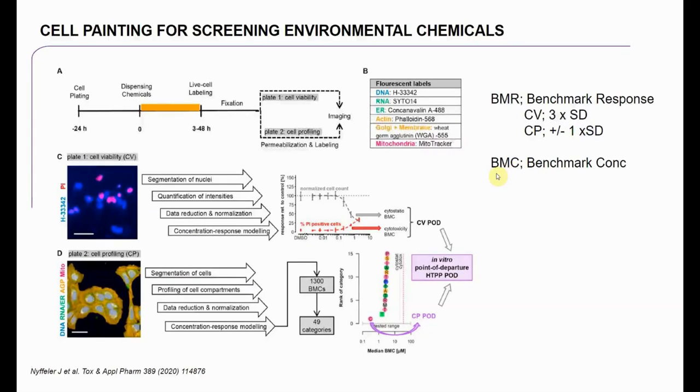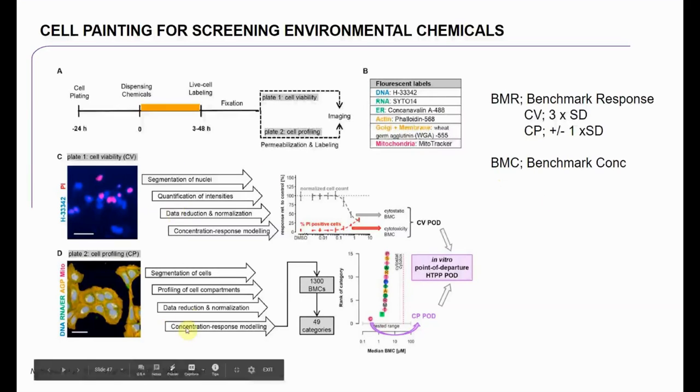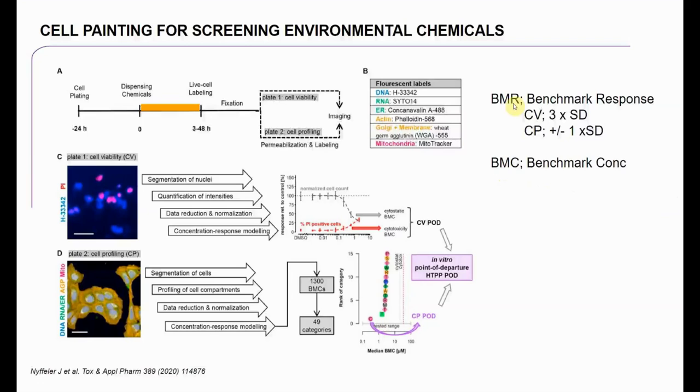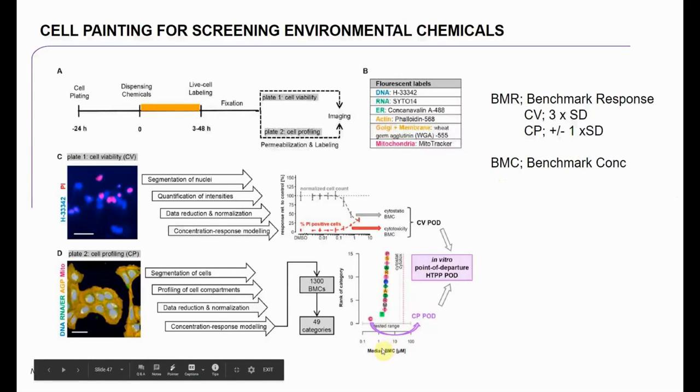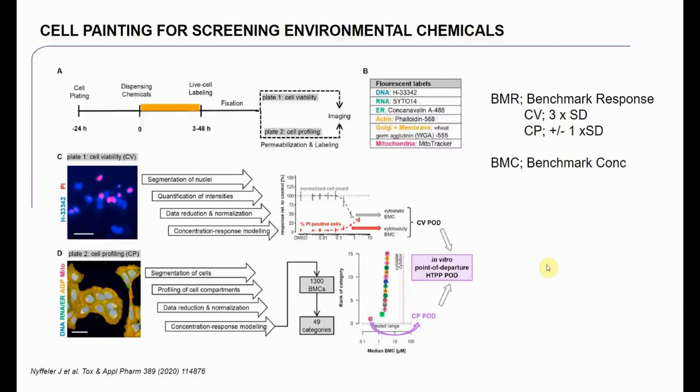Now, a benchmark concentration is for the particular assay and for a particular measurement, that's the concentration at which you get a benchmark response. And you'll see that, for example, here, that is graphed here on the x-axis, the benchmark concentration, and then here are the different measurements.